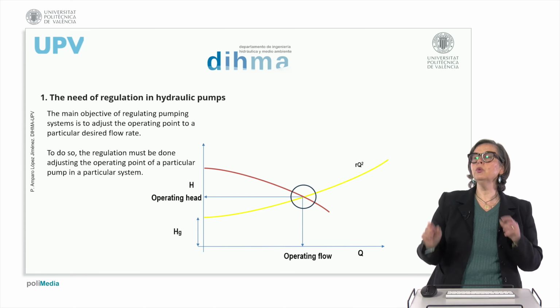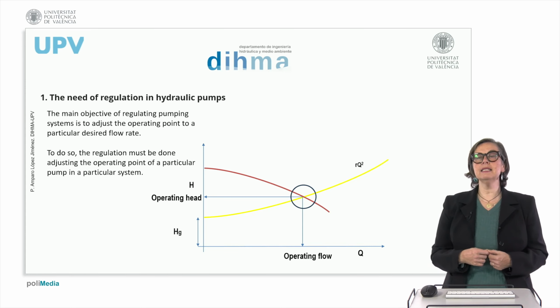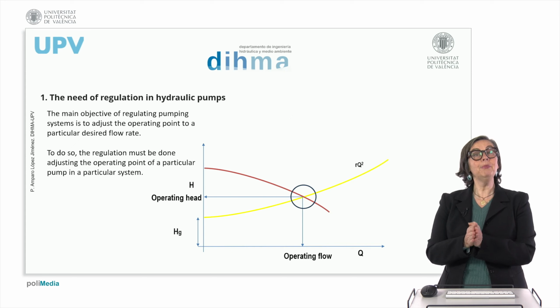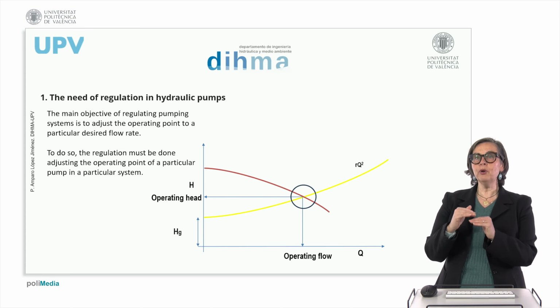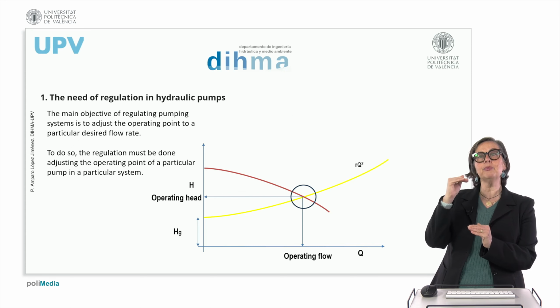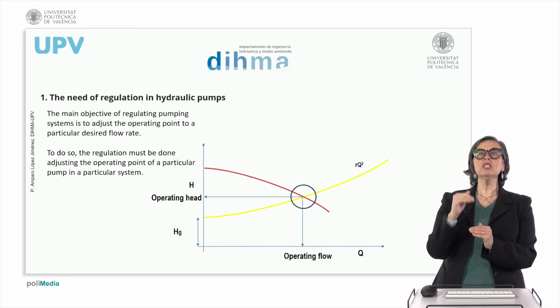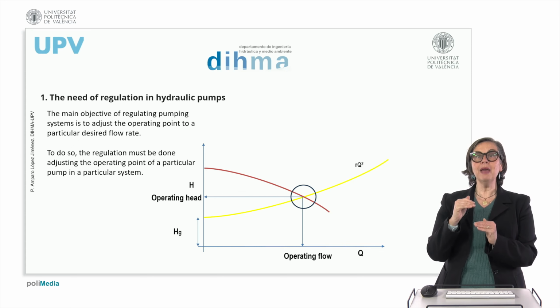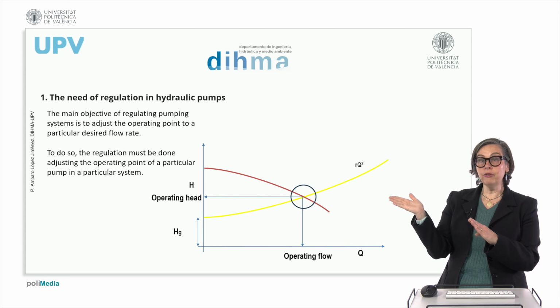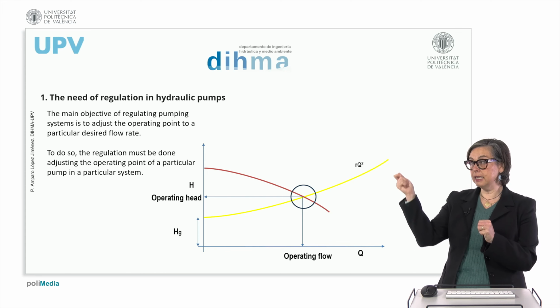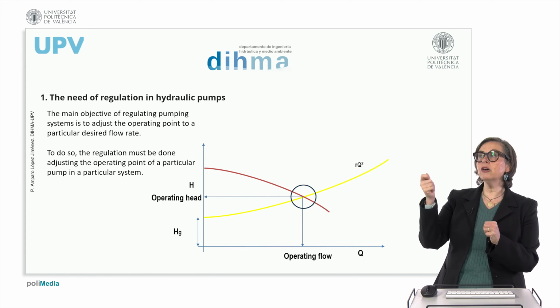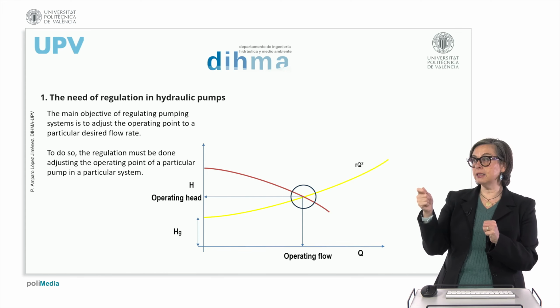So why do we need to regulate the systems to control? Because once we use a pump to provide a particular pressure and flow, what we do is make an intersection between the flow and head curves of the facility, in yellow color, and of the pump, in red color.